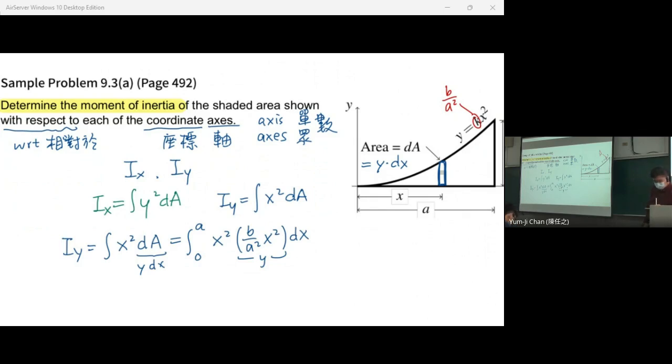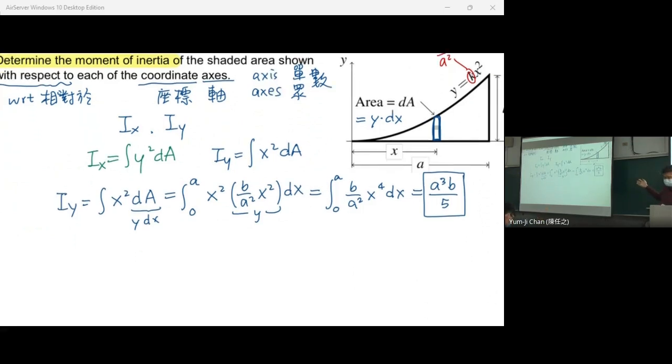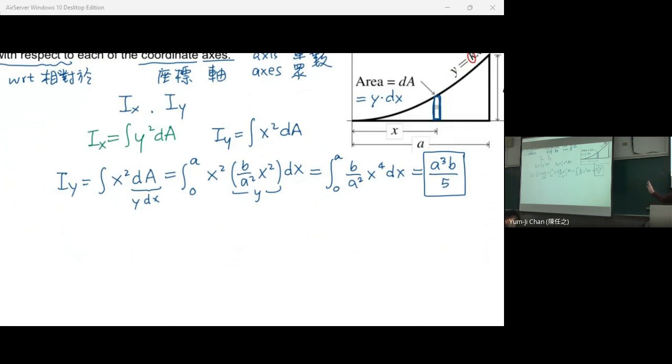After this, the remainder is easy. So for the remainder, it is from 0 to a, and then b over a squared times x to the power 4 dx is equal to a cubed b over 5. This is Iy. Please write it down, and I will talk about it in a minute.